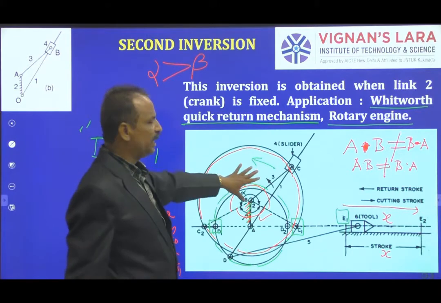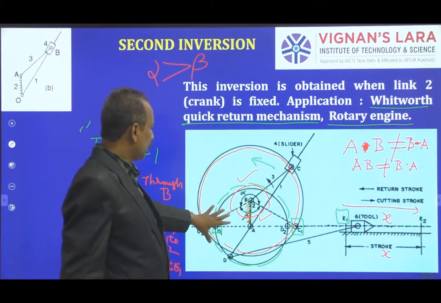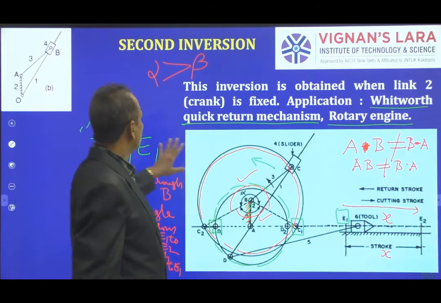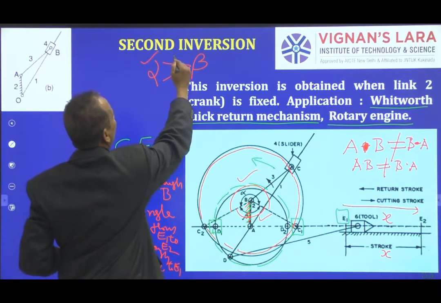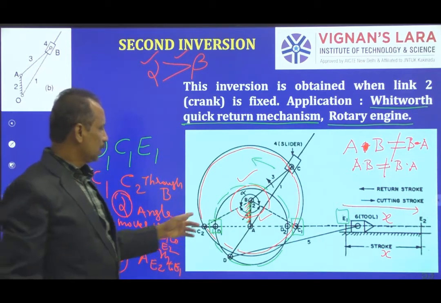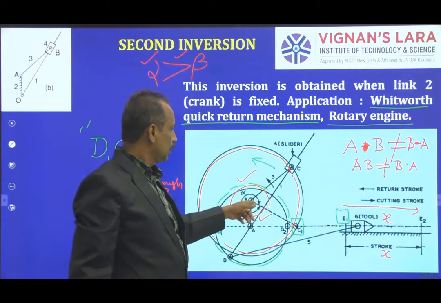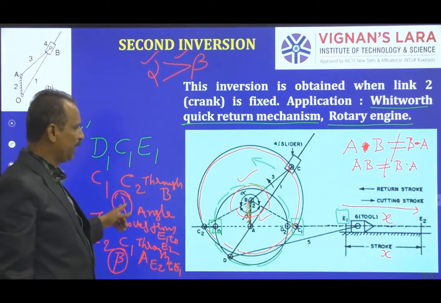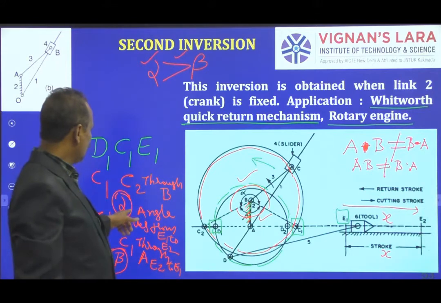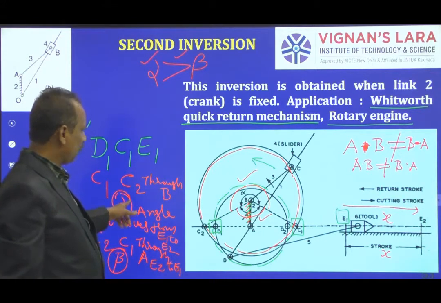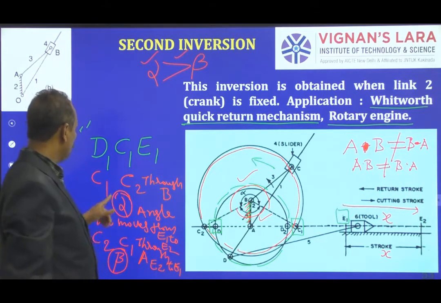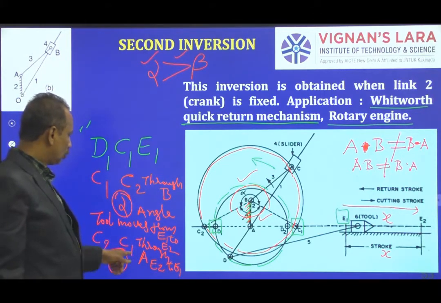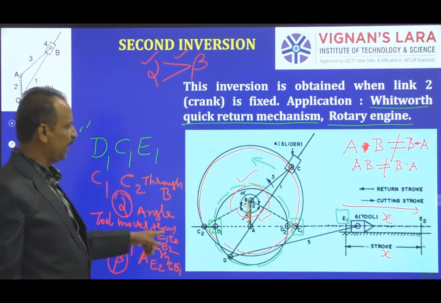The time of cutting by the time of return, or time of action by time of idle, is a function of these angles alpha and beta. The forward stroke, moving from C1 to C2 through B, causes an angular movement of alpha which needs more time, whereas moving C2 to C1 through A takes an angle beta.